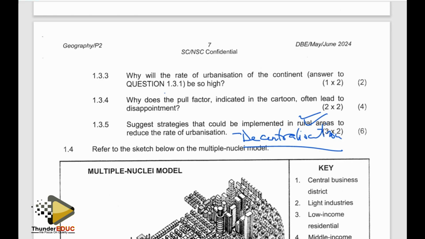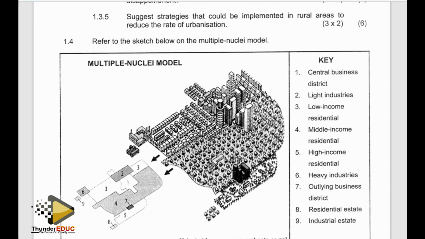Right, we need to move on to the next question, which is question number 1.4. Question number 1.4 is based on the model of urban settlement, which is the multiple nuclei model, the model which was done by Harris and Ullman.